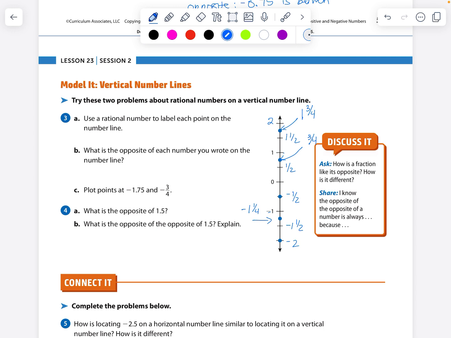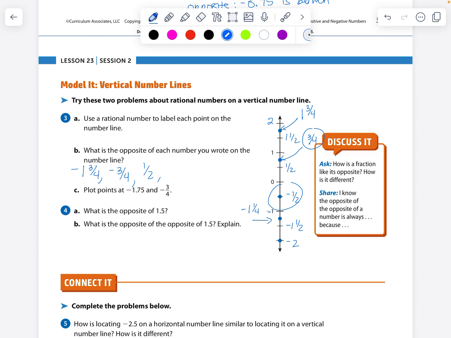So what is the opposite of each number you wrote on the number line? So with my first one, what's the opposite of 1 3/4? -1 3/4. The opposite of 3/4, -3/4. The opposite of -1/2 would be a +1/2.